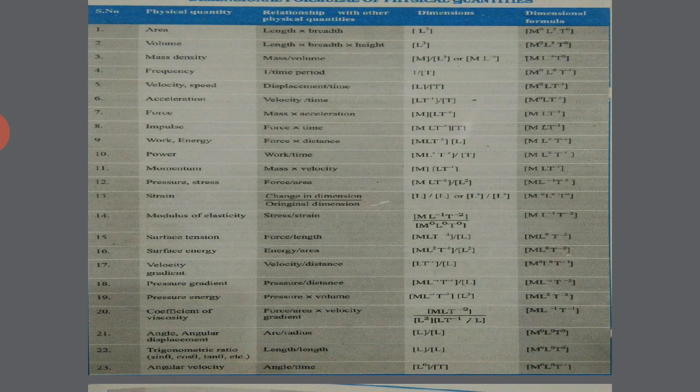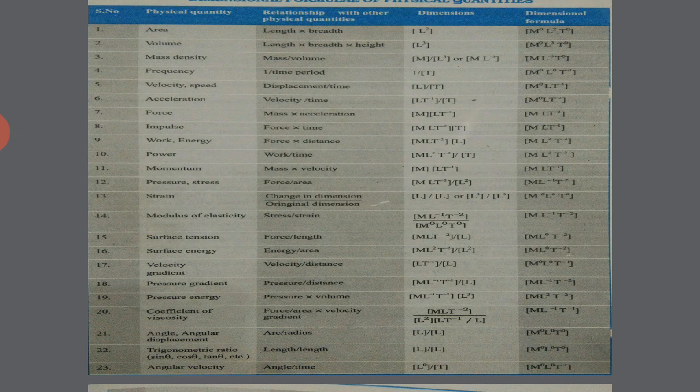Third is mass density, mass by volume. Mass is denoted by capital M, L is for length, L cube, so it becomes M L minus 3, and the dimensional formula is M L minus 3 T0.